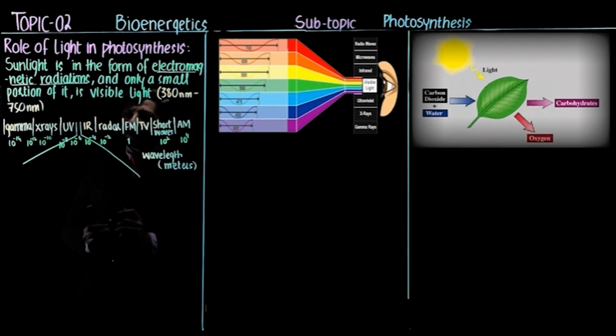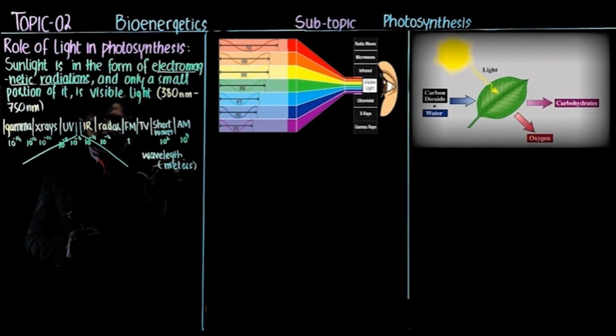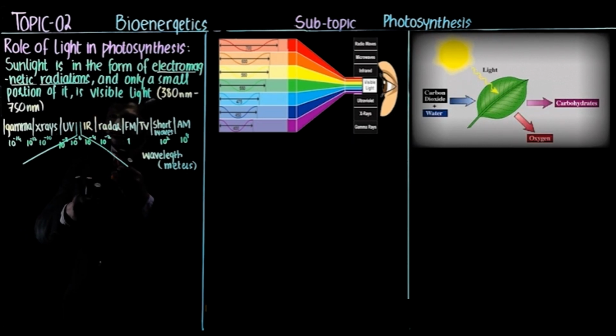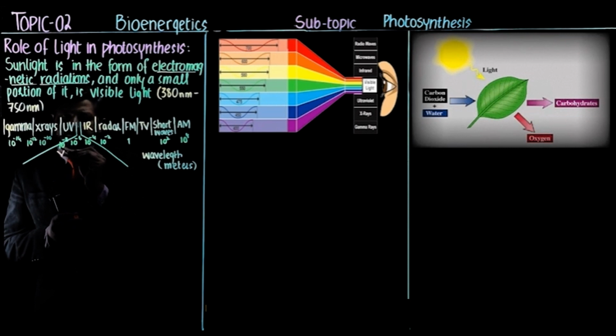So here are the radiations. And this very small portion between the infrared and ultraviolet radiation is called visible light.